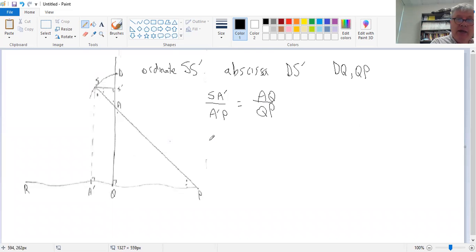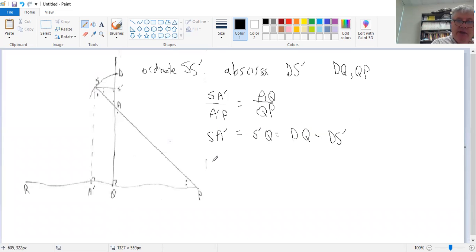So SA prime, let's bring it over to the axis. That's the same thing as S prime Q, and that's the same thing as DQ minus DS prime. Okay, that's good. That gets us the abscissa and things.